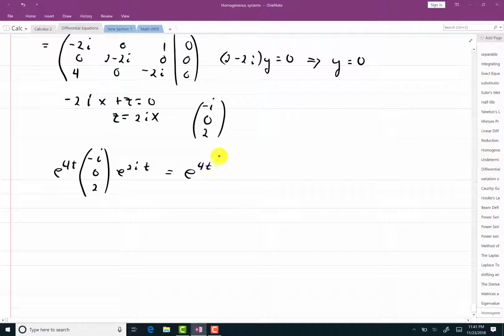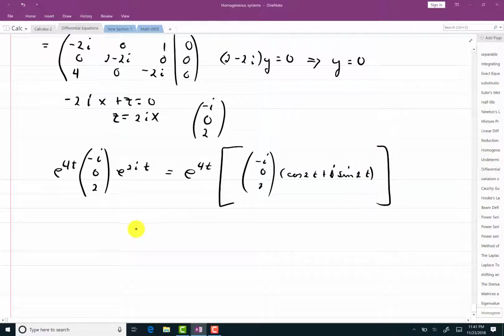E to the 4t. And let's go ahead and do the usual thing here. I'm going to have negative i, 0, 2 times cosine of 2t plus i sine of 2t. And that'll equal e to the 4t.